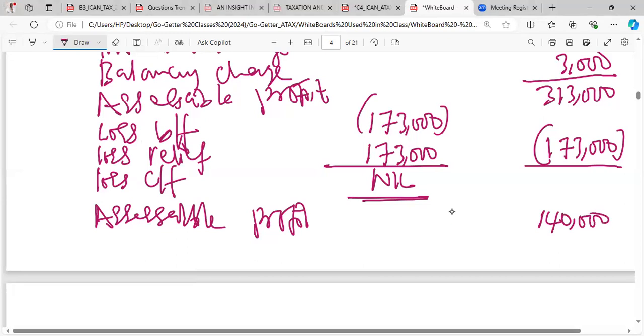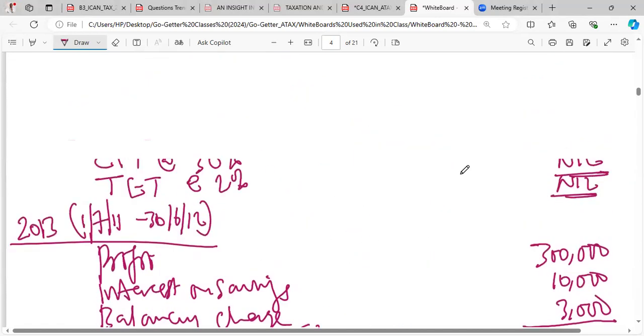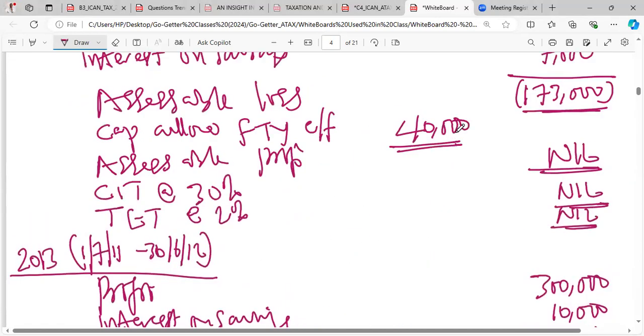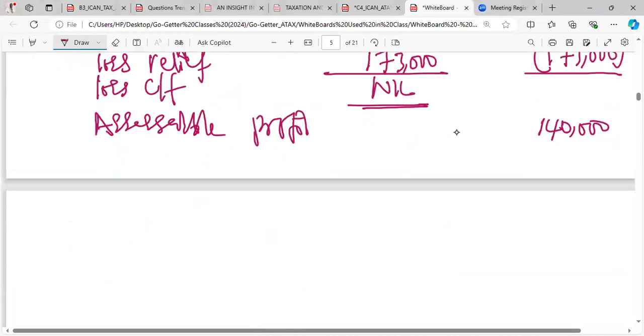Then it's time for capital allowance. So I bring the capital allowance brought forward 40,000.